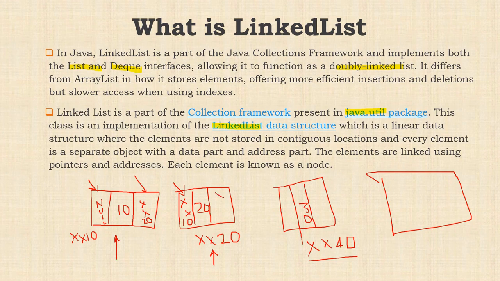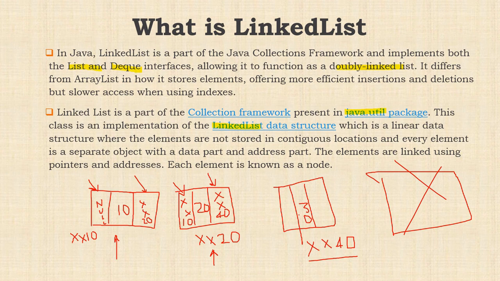So here it stores the address of the previous node and the address of the next node. Here we are only going to store three objects, three data, so we are not going to take a fourth one.